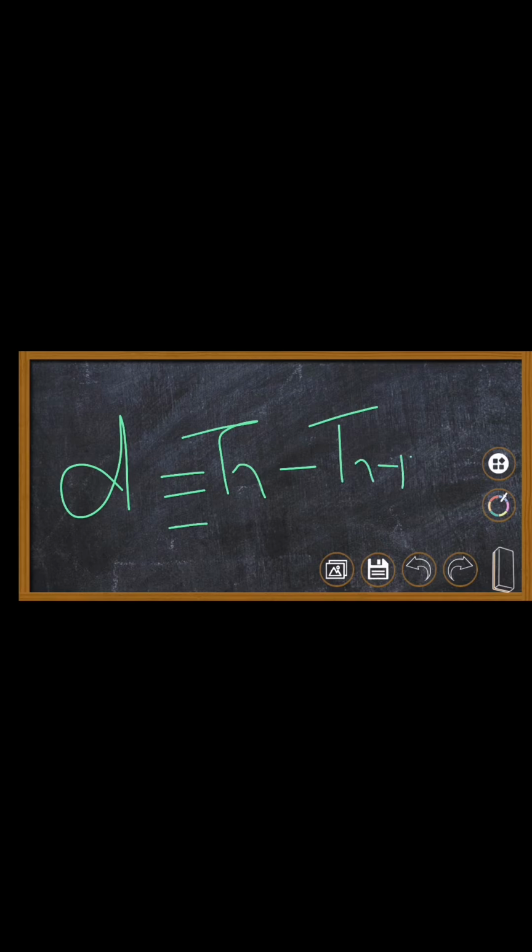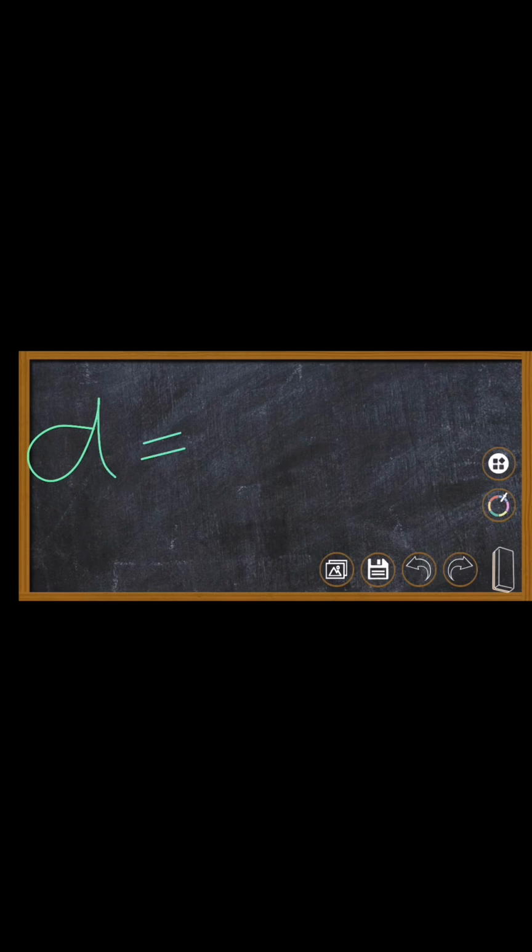Meaning, if n is 2, then we're looking at T2, and Tn minus 1 is 2 minus 1, which is 1. So basically D is equal to T2 minus T1.